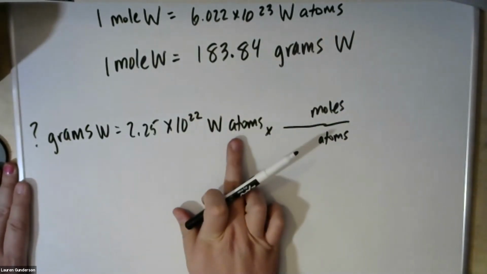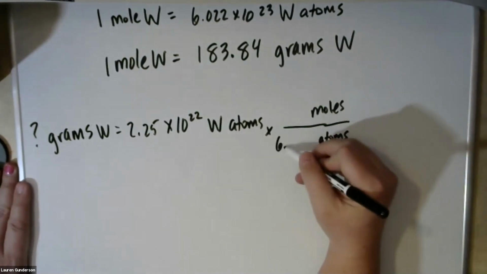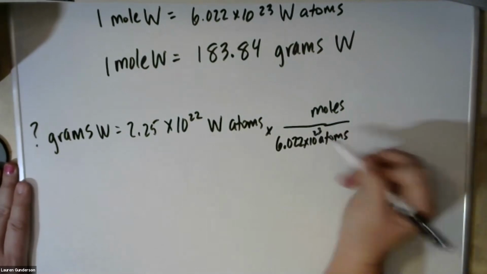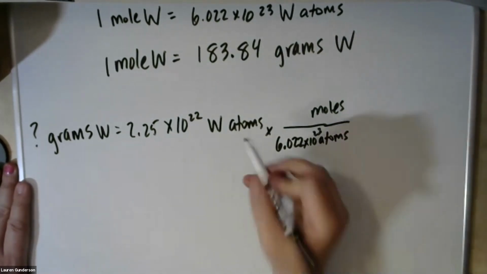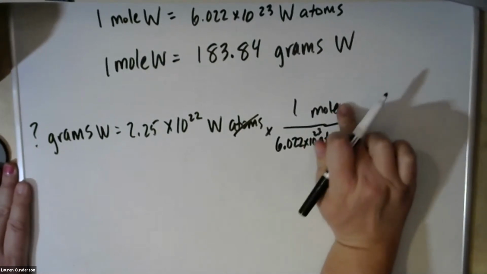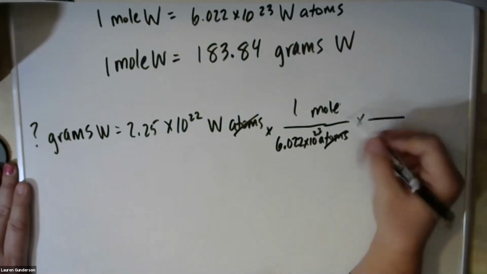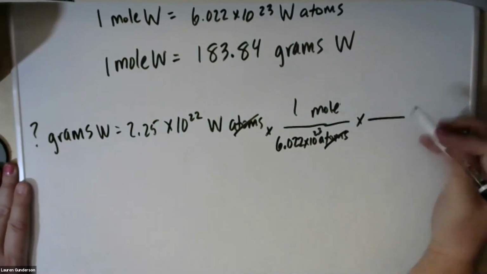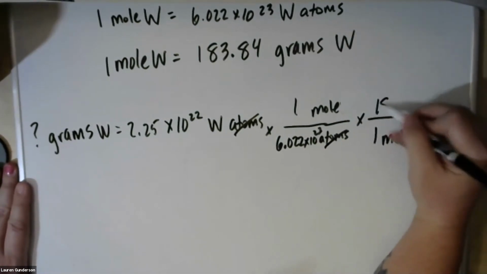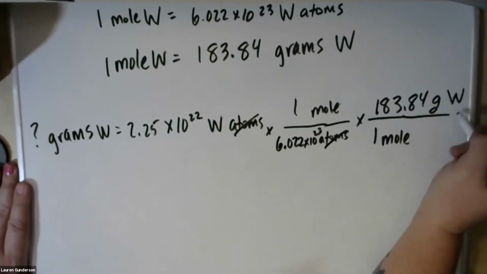In this case, because we started with atoms, we have to put Avogadro's number on the bottom of our conversion so that we're converting out of atoms and into moles. Okay. Once we've converted into moles, then we can use our molar mass, which says that every 1 mole of tungsten is going to be 183.84 grams.